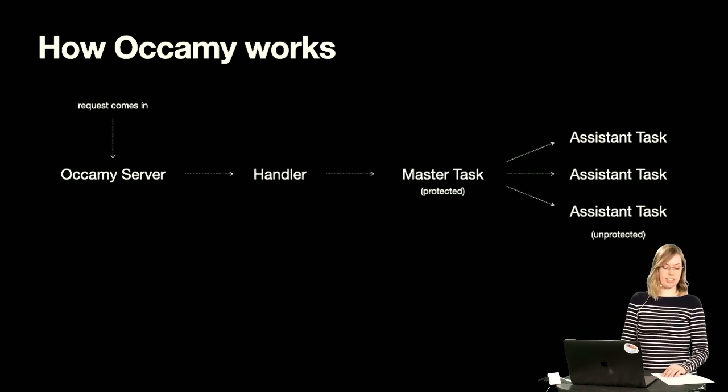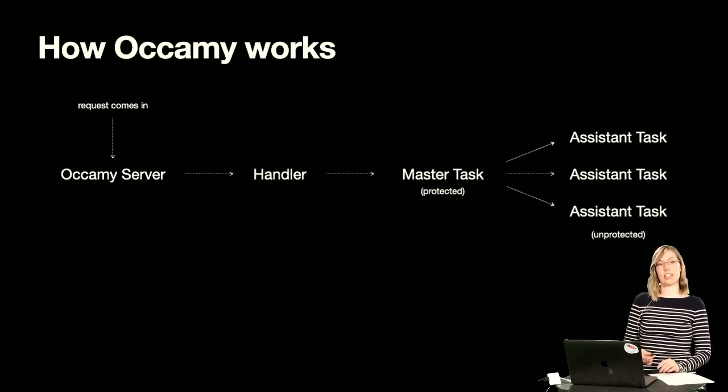These assistant tasks are generally unprotected, though sometimes some are protected if we need the computational power to calculate a request. So they can always be killed. This means that if another request comes in, assistant tasks can be killed to make room for a new master task and its assistants, and this evens out in the end.